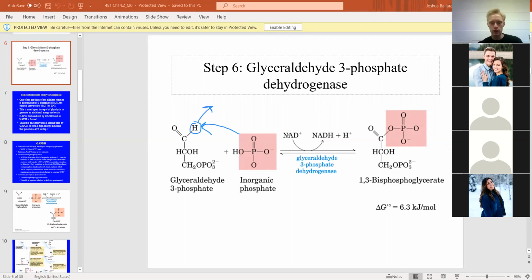In order to do that, we have an NAD plus molecule here that is getting reduced. As I mentioned earlier, this is one of the few, if not the only, steps in glycolysis that is a redox reaction.